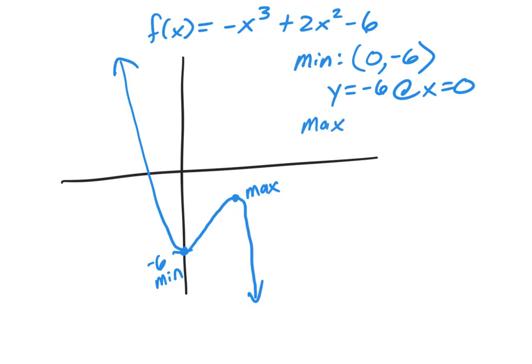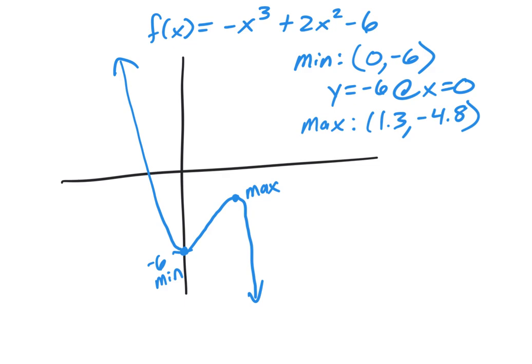Okay, the maximum is not a nice whole number. You get like 1.3, -4.8, and I don't know if I rounded that or not. I don't think it's an exact answer, if I remember right. Is it exact or is it rounded? Rounded, okay.